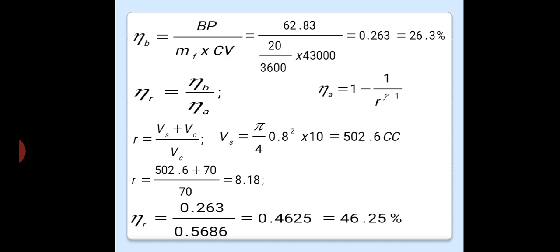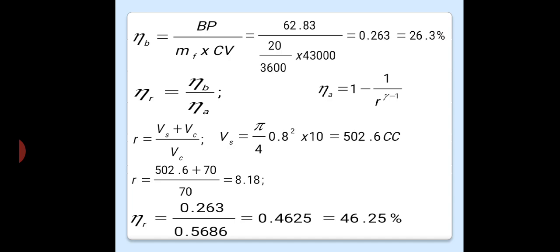So after substituting the values of clearance volume and swept volume, we got the compression ratio 8.18.